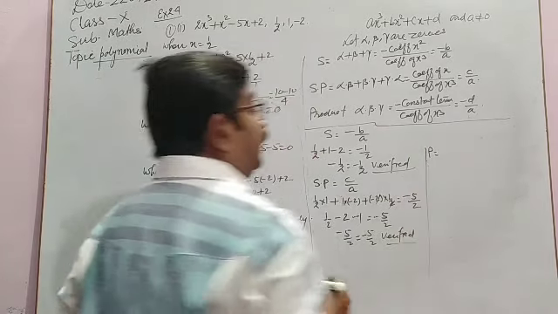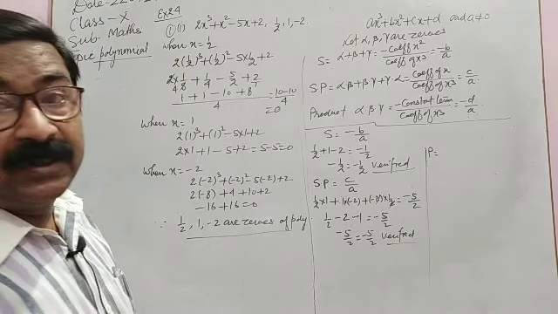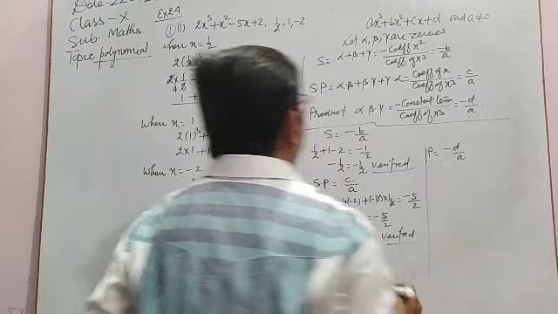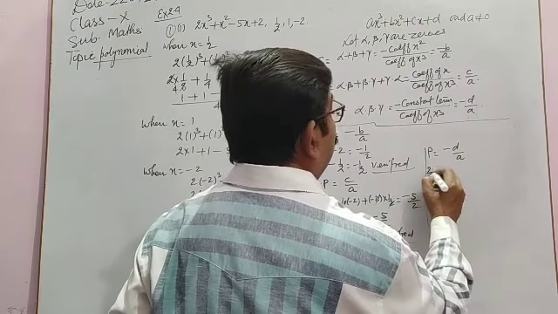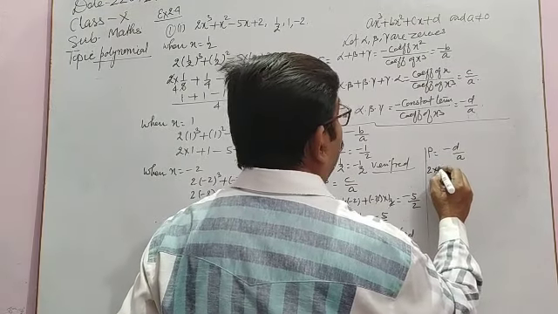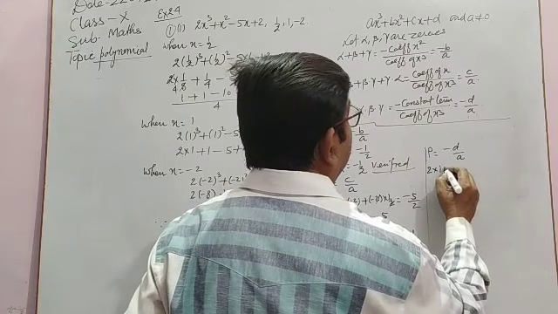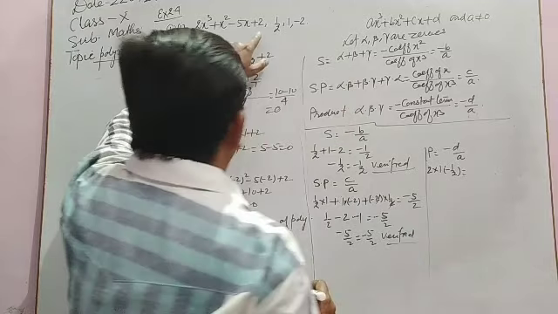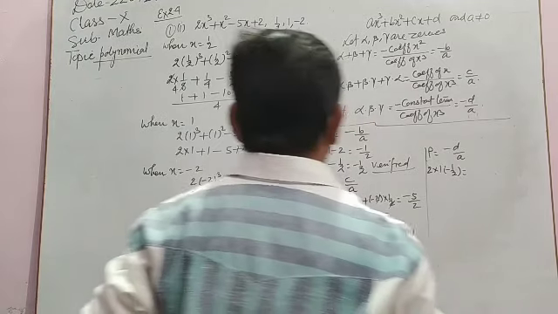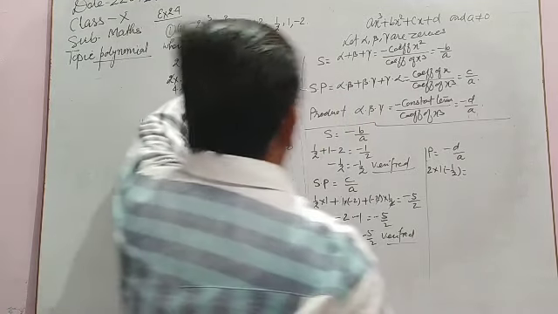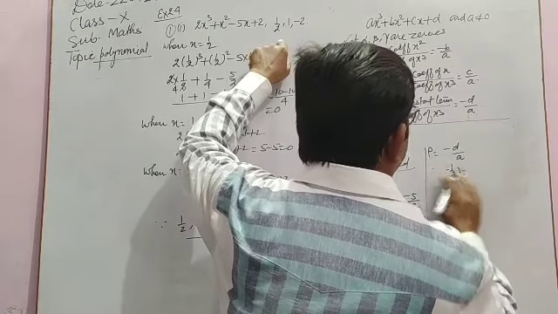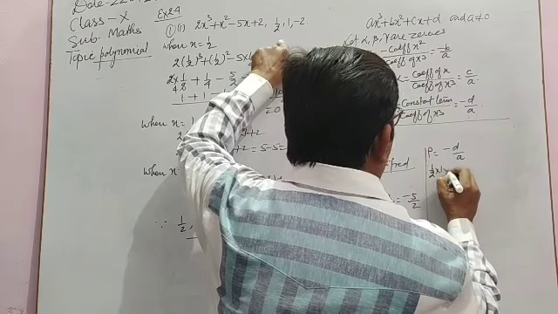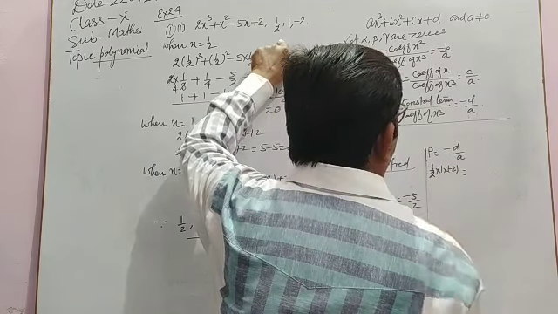And the last one is the product P, the product of zeros. This is minus d upon a, and the product is 1 upon 2 into 1 into minus 2, and d is 2.